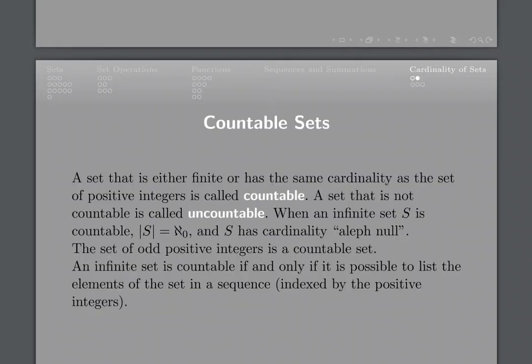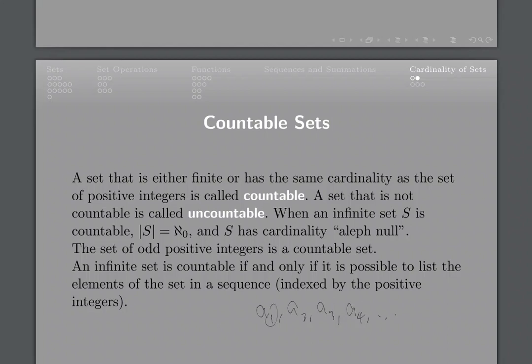An infinite set is countable if and only if it's possible to list the elements. Whenever we make a list, it's sort of like we're writing it down. So we're numbering it 1, 2, 3, 4, 5, 6, 7, so on and so forth. That's the same thing as writing them in sequence. When you write them in sequence, you're implicitly writing them as A1, A2, A3, A4, dot, dot, dot.